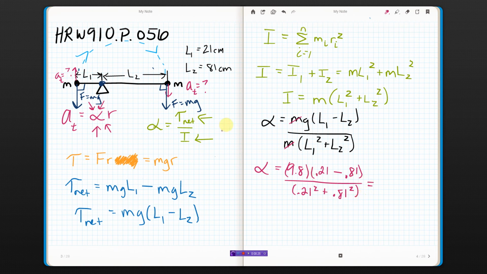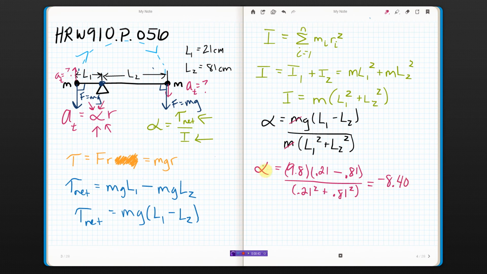I get negative 8.3976. Even if I round to the nearest thousandth, I get negative 8.40.